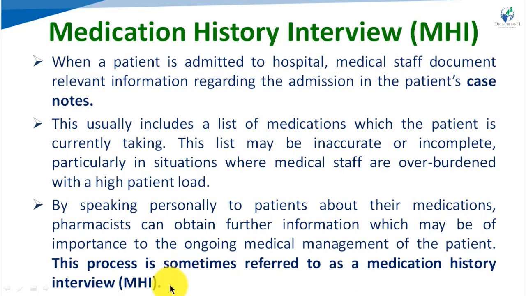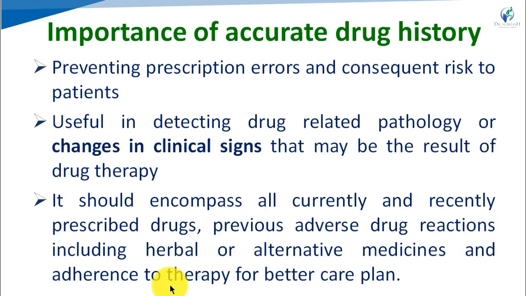Such a process, when the pharmacist is interacting with the patient and asking the patient, whatever the conversation that is going on and whatever the result, that is known as a medication history interview. So this is about the medication history interview.